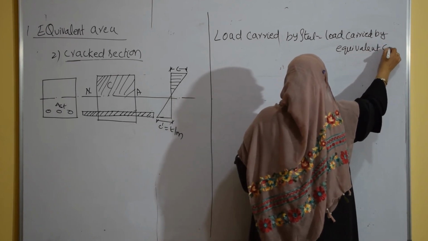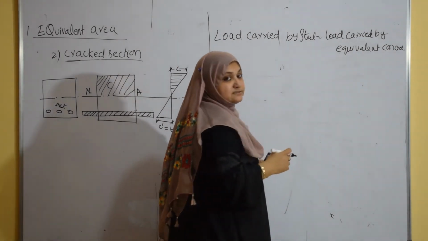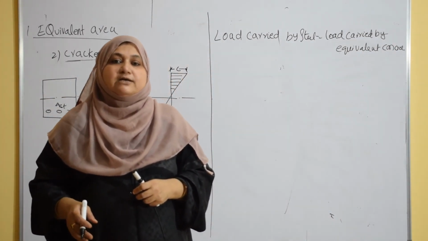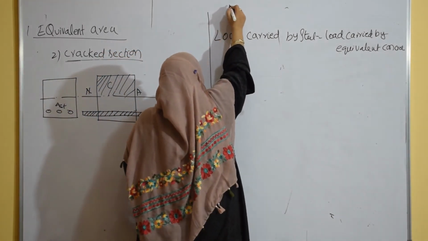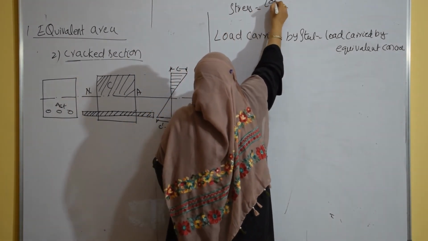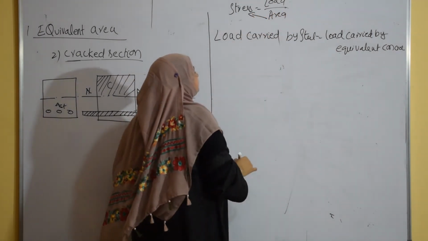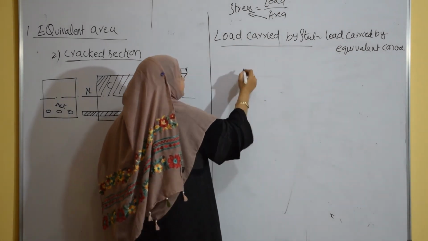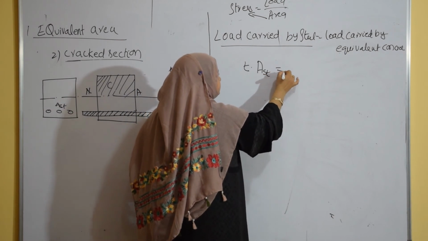Once again, what is load? Stress is equal to load by area, so load is stress into area. For steel, stress is represented by T and area of steel is represented by AST.